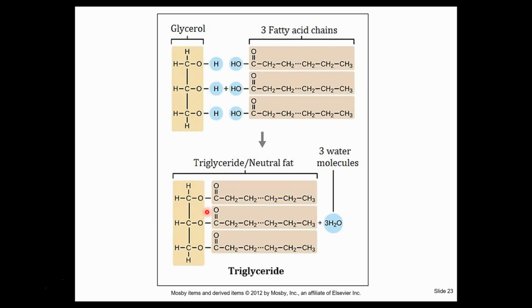So this is the glycerol, and this is the tail. The tail is made of the fatty acids. So you have 3 fatty acids joined to the glycerol, and you have your triglyceride. Okay, so this is the glycerol by itself, and as it joins the 3 fatty acids, it loses 3.